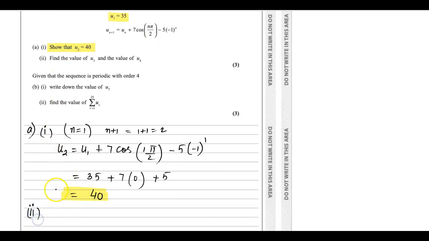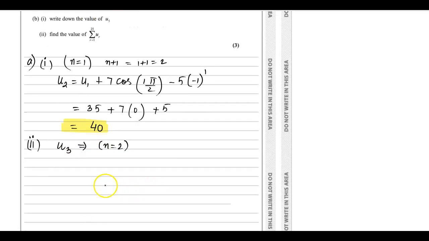Now find the values of u3 and u4. The same way, we get u3 when n is 2, right? So u3 is u2 plus 7 cos 2 pi by 2 minus 5 minus 1 to the power 2.